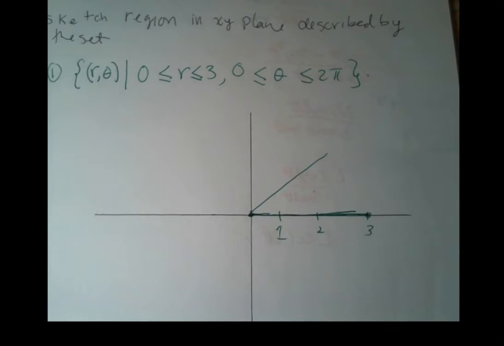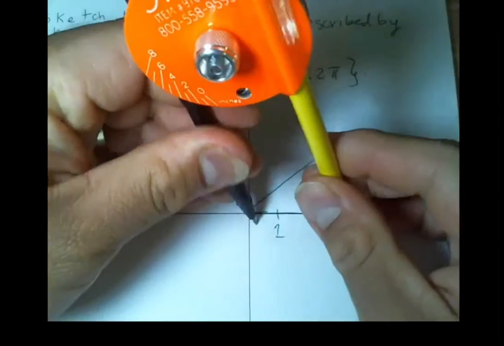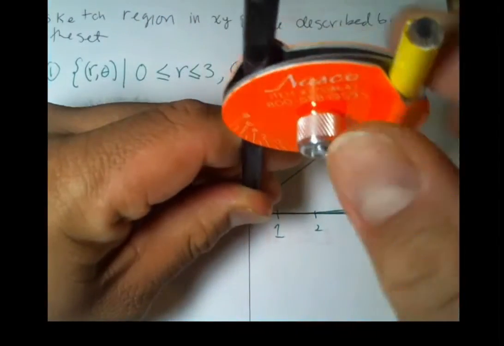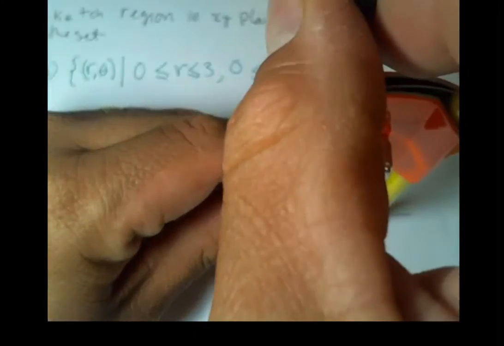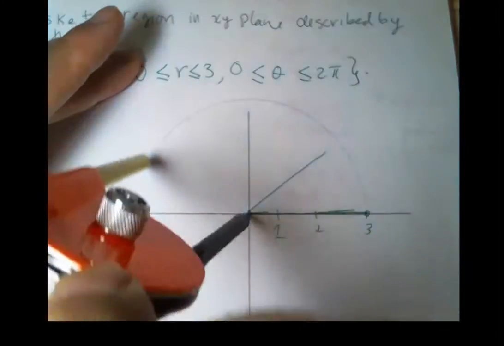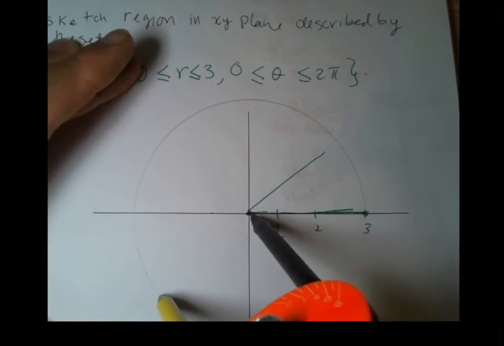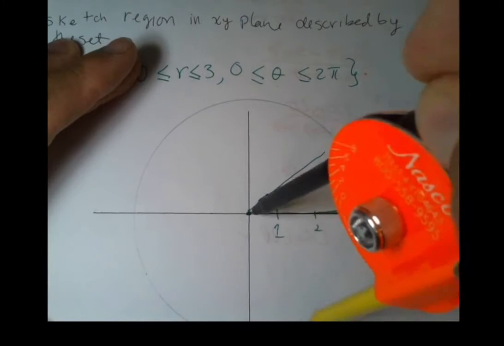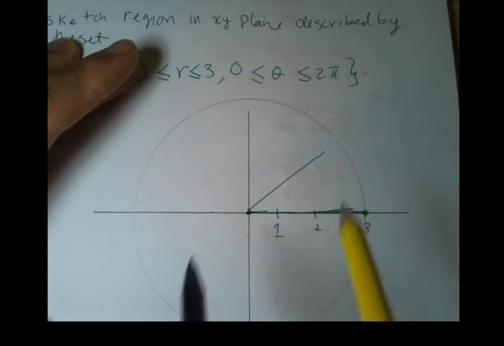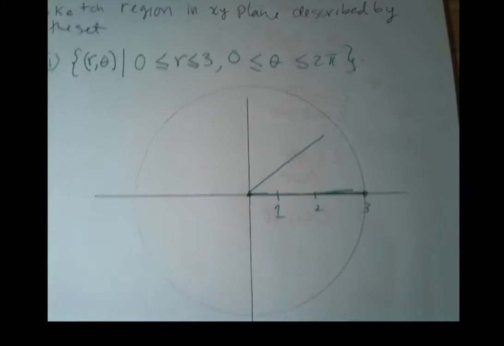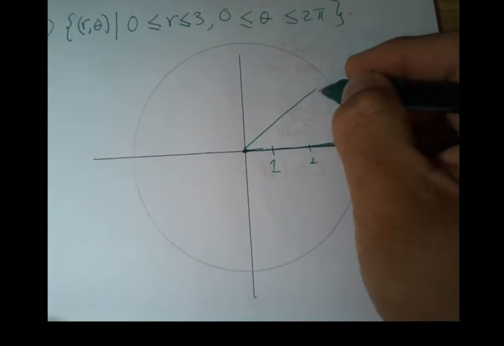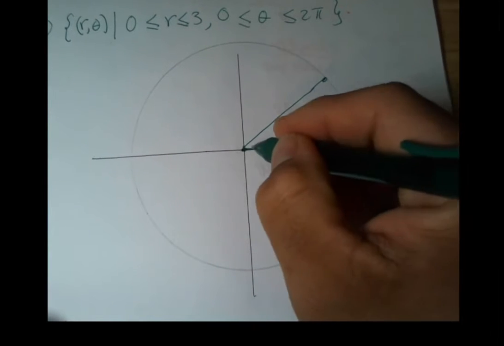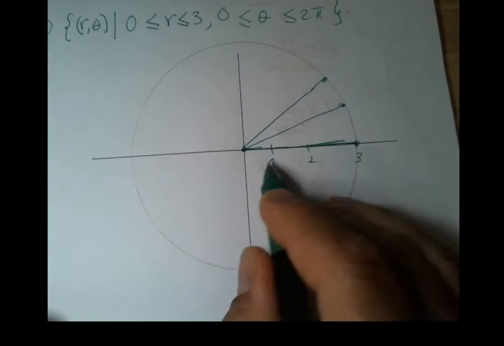All right, so essentially, let me draw. So what we have here is something that looks like this. It includes all these points from 0 to 3.